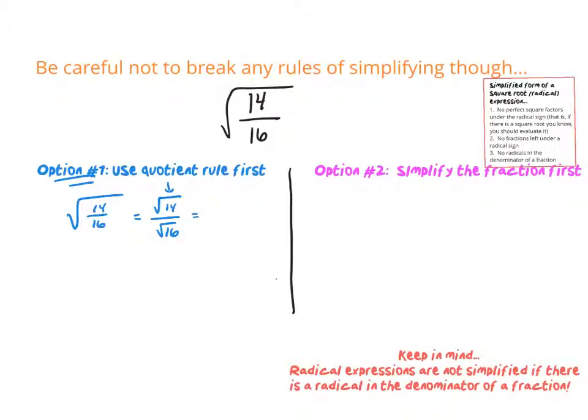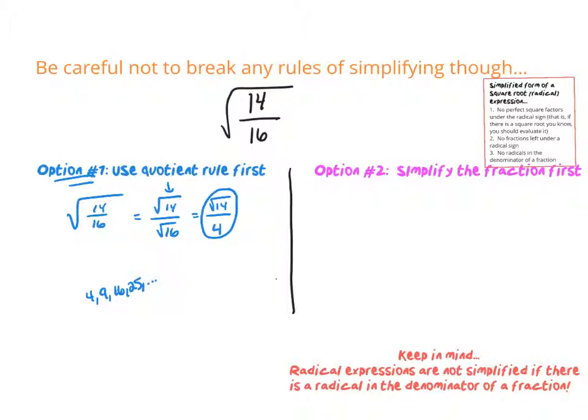The square root of 14 has no perfect squares that go into it. 4 doesn't go into 14, 9 doesn't go into 14, and the ones after that, like 16 and 25, are bigger than 14, so they obviously won't go into 14 evenly. So on top, we have root 14, and on the bottom, the square root of 16 is just 4. So our answer would be root 14 over 4.